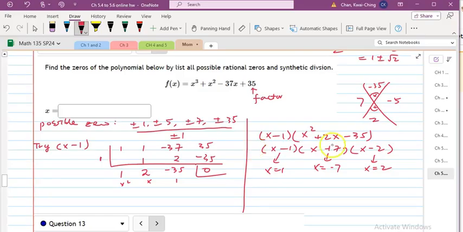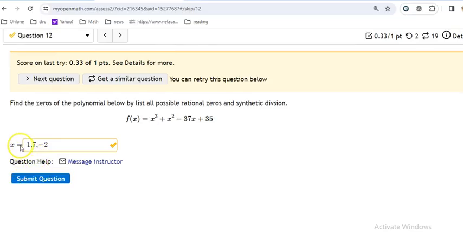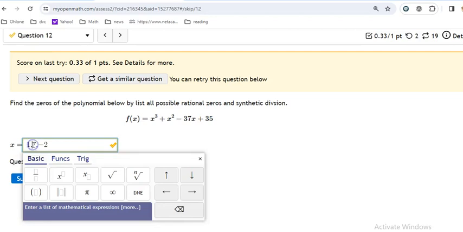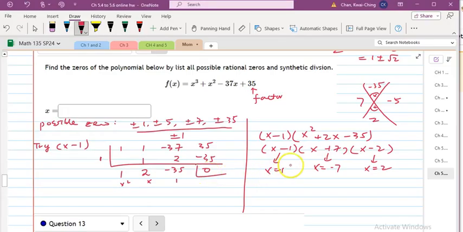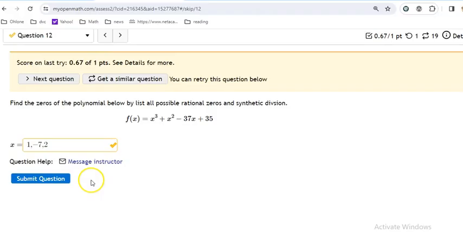Oh, negative 7 and 5, I think. Right. X minus 1. Okay, so 1 comma negative 7 and 5.